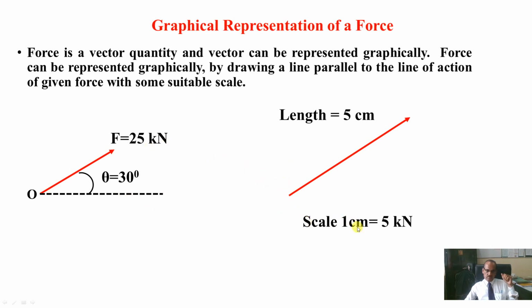Suppose I will take a scale of 1 centimeter equal to 5 kilonewton, and you draw a line which will be parallel to the line of action of this force F, and the length of the line will be how much? 5 centimeter, because 25 divided by 5, the length will get 5 centimeter, and the direction also will remain same. So in this way, this force F 25 kilonewton, I have represented it graphically.